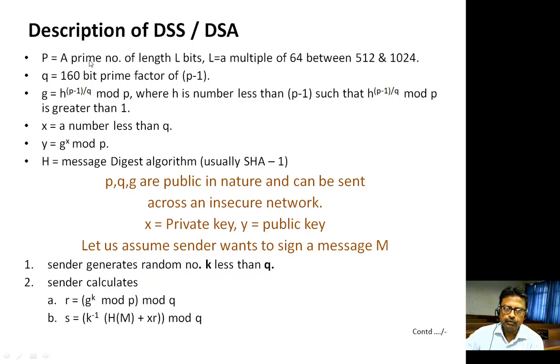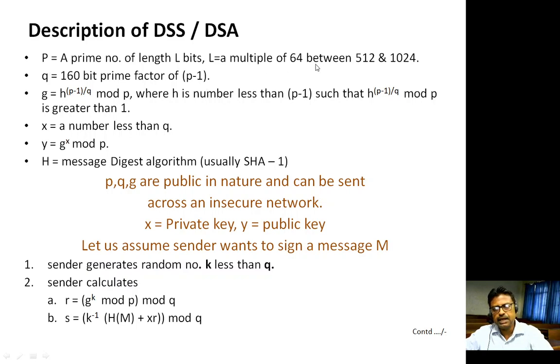Whatever prime number is assumed, its size will be represented by a number of bits, between 512 and 1024, but it should be a multiple of 64. Then another variable is assumed as Q, which is a 160-bit prime factor of P minus 1.